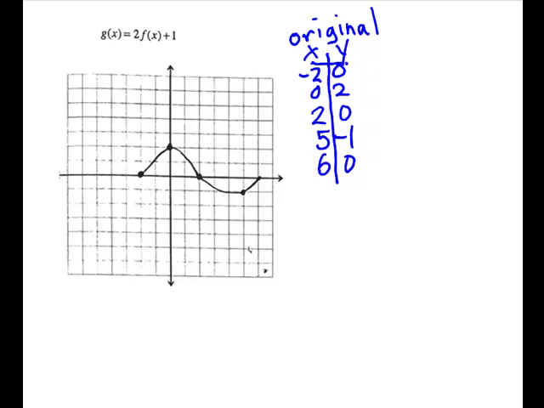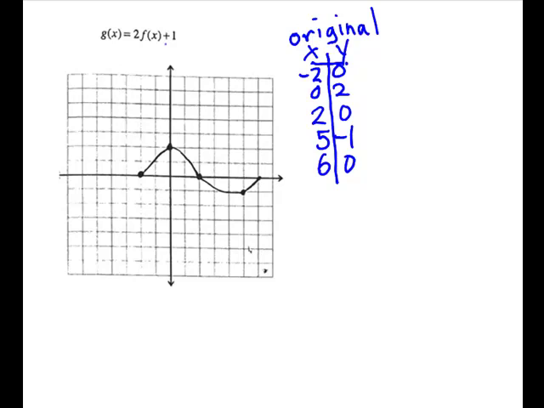Right, and your order, you're supposed to do first any horizontal translations or horizontal shifts. Then you're going to do your stretches and reflections. And the last thing is a vertical shift. So with the 2 that I have, I'm going to do my stretch first.